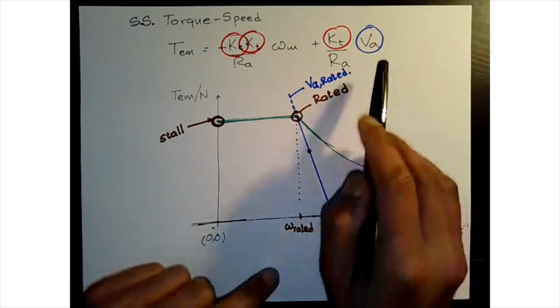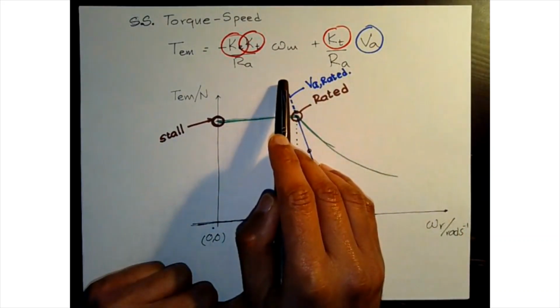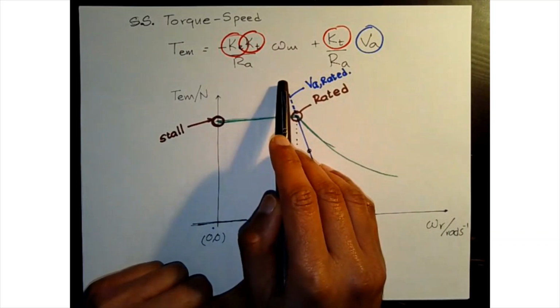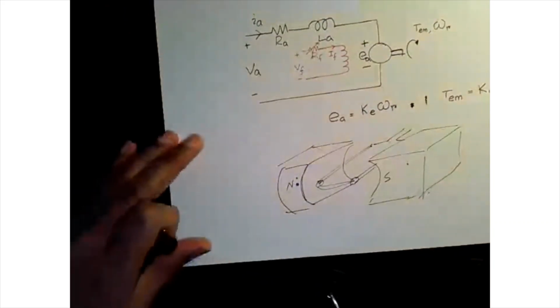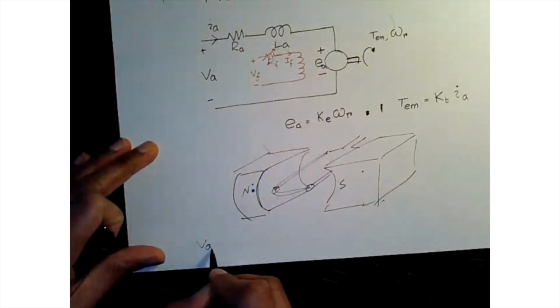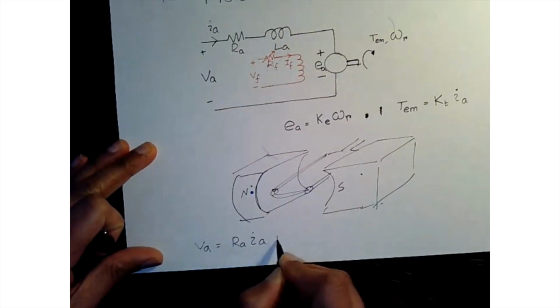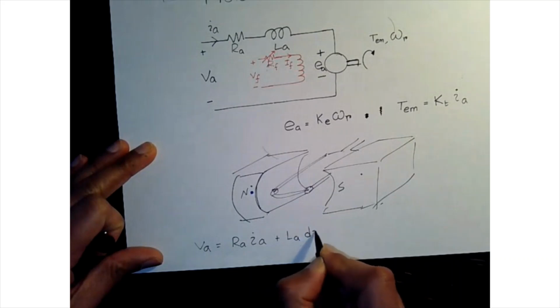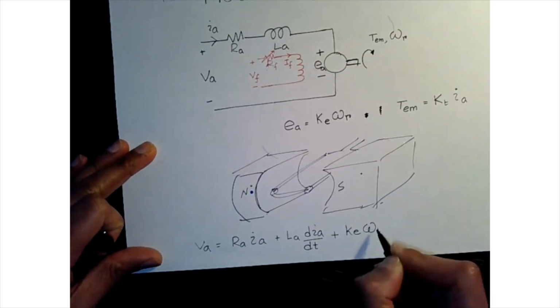Which equation? Oh, you mean the voltage equation, right? True, that's right. So let me use my sheet. If we write the voltage equation here, VA is equal to RA IA plus LA dIA over dt plus KE omega R, right?